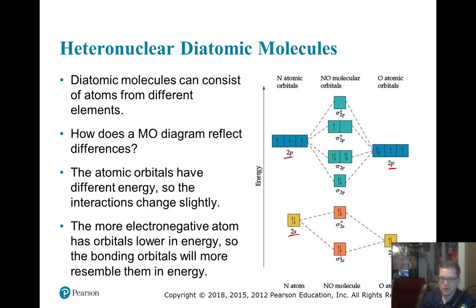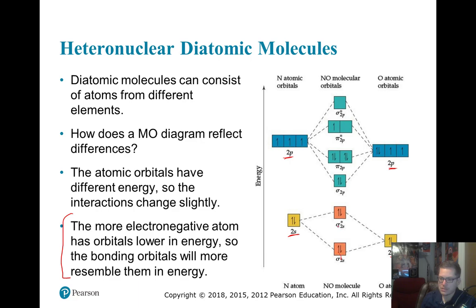The other thing I want you to know is this idea down here. It says the more electronegative atom has orbitals lower in energy. That's true. So the bonding orbital will more resemble them in energy.